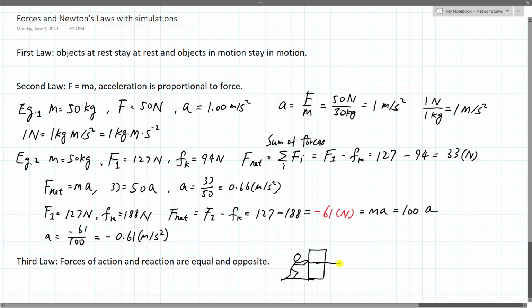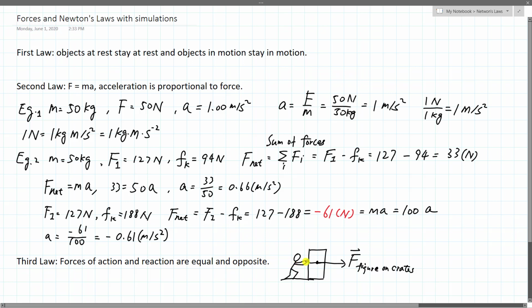Basically, it's like this. If I want a very long subscript, I can do it now. Figure on crates. So this force is the figure applying a force on the crates.